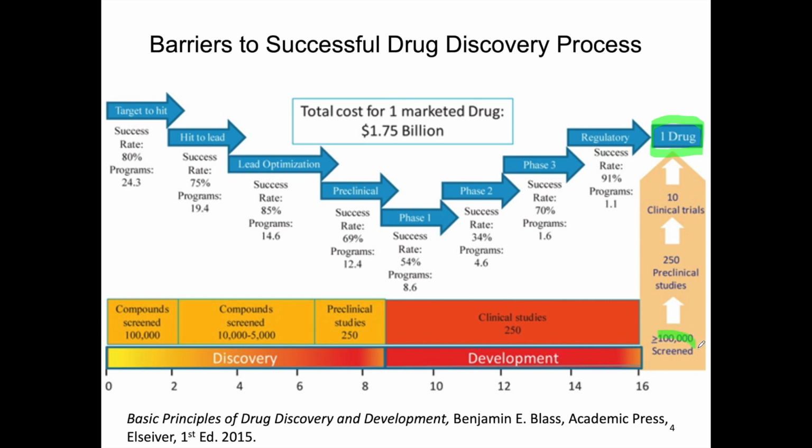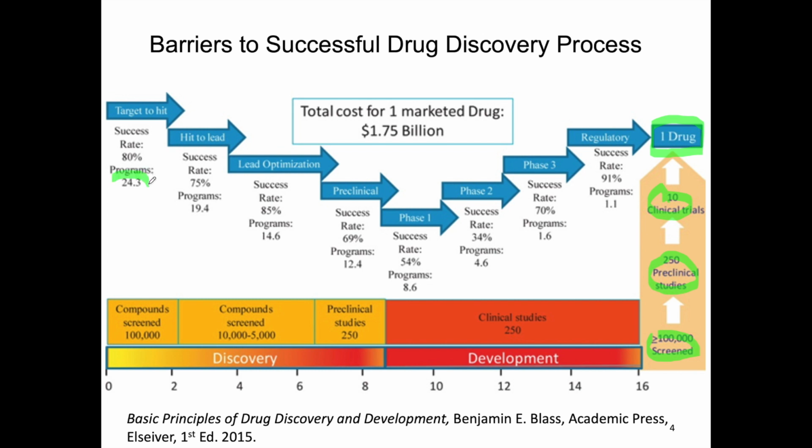So typically in the bottom right hand corner there's 100,000 compounds that are screened. That leads to about 250 molecules in preclinical studies, maybe 10 clinical trials, and if you're lucky, that will lead to one approved drug.